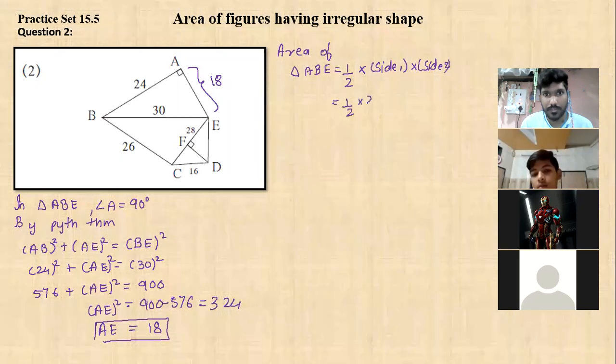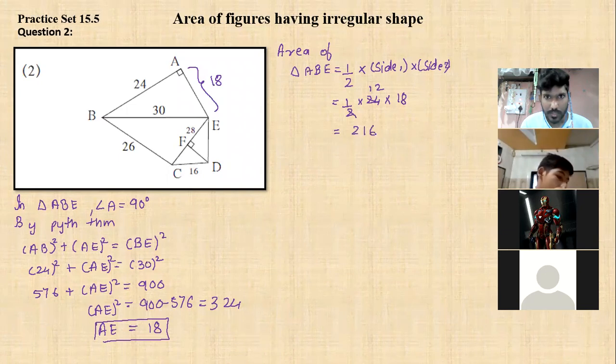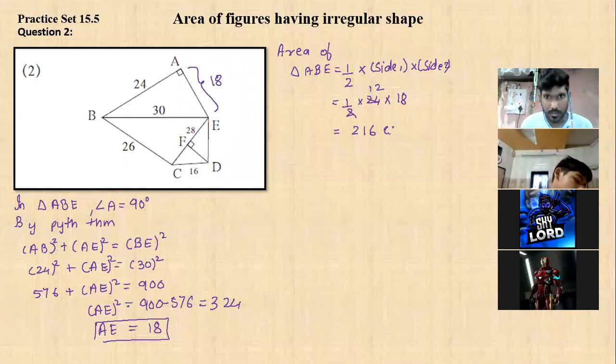Side 1 is 24, side 2 is 18. So we can do the cancellation. 12 into 18 is 216 square meter.